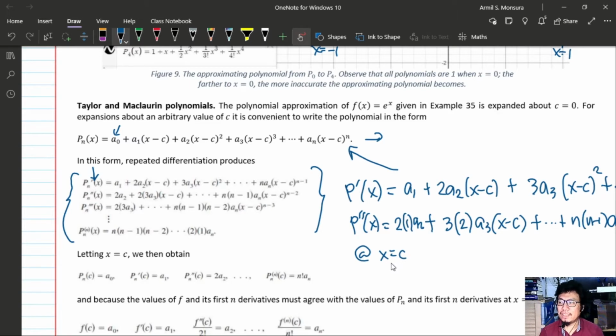If you replace x with c, terms such as this become 0. So at c, this becomes a0.